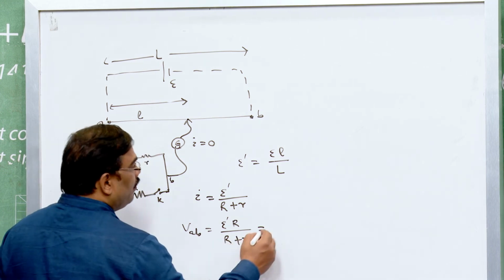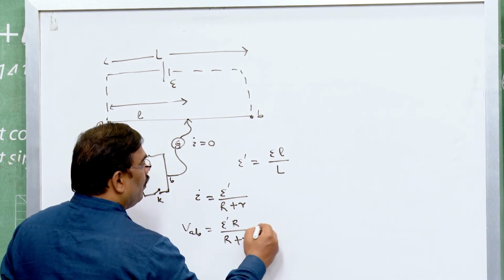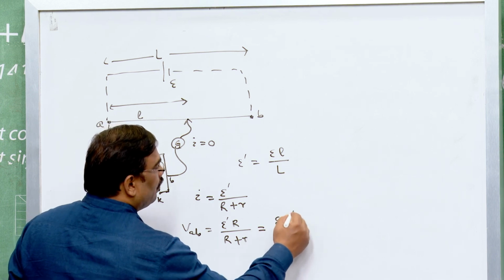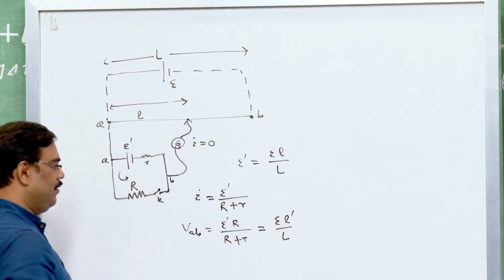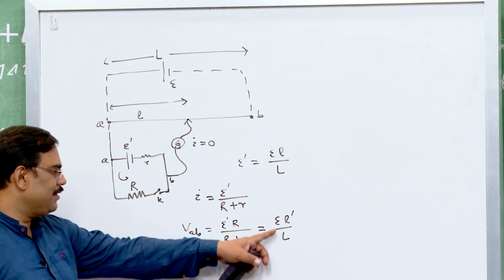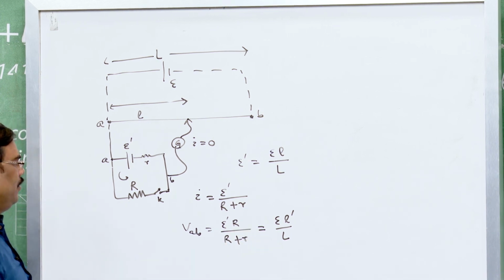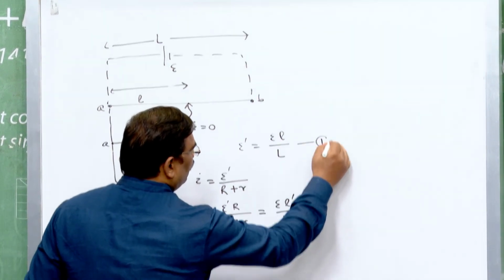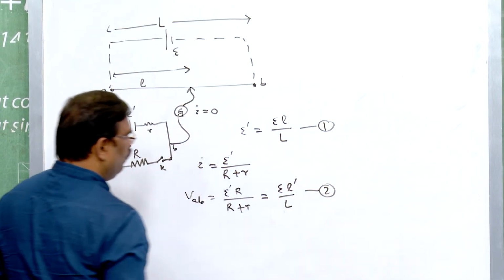So, this will be equal to E L dash divided by capital L. Now, this was my equation number 1 and this is my equation number 2.